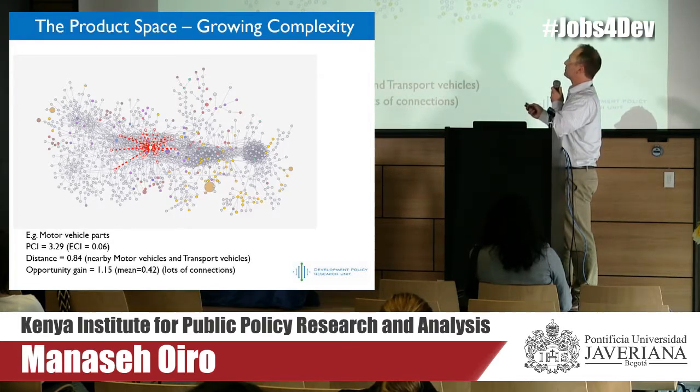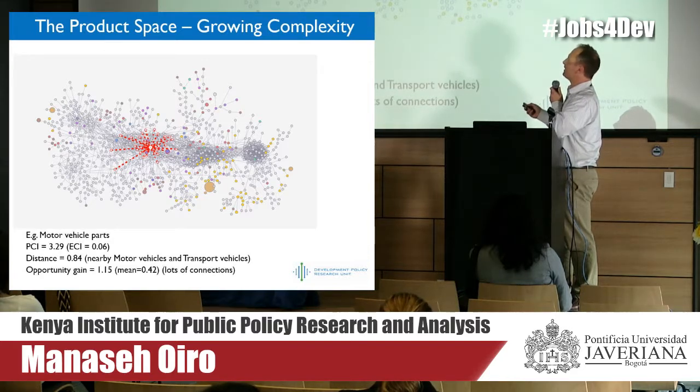Secondly, the distance between motor vehicles and motor vehicle parts is relatively close. It's 0.84, that index. So it suggests that it's close, meaning that the productive capabilities embedded in motor vehicles are relatively similar to those embedded in motor vehicle parts. So the jump is relatively easier. Secondly, if you jump into motor vehicle parts, this is the opportunity gain part, there are linkages with other products, and these are typically machinery products.